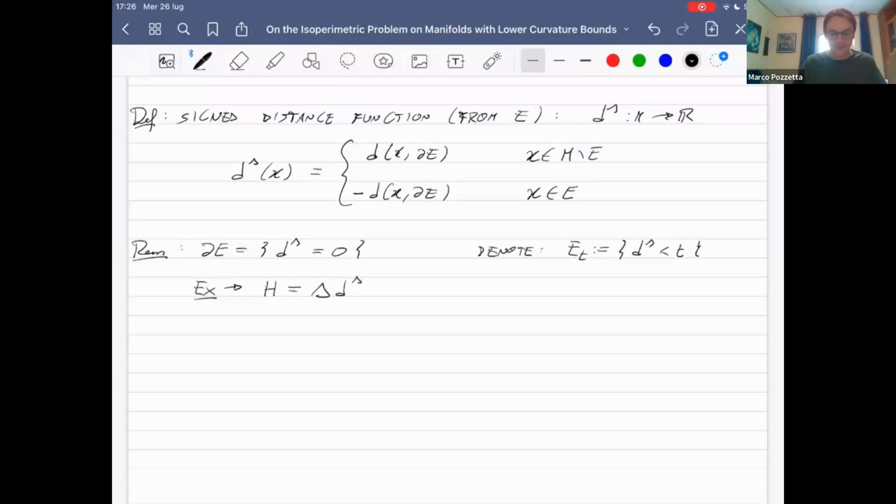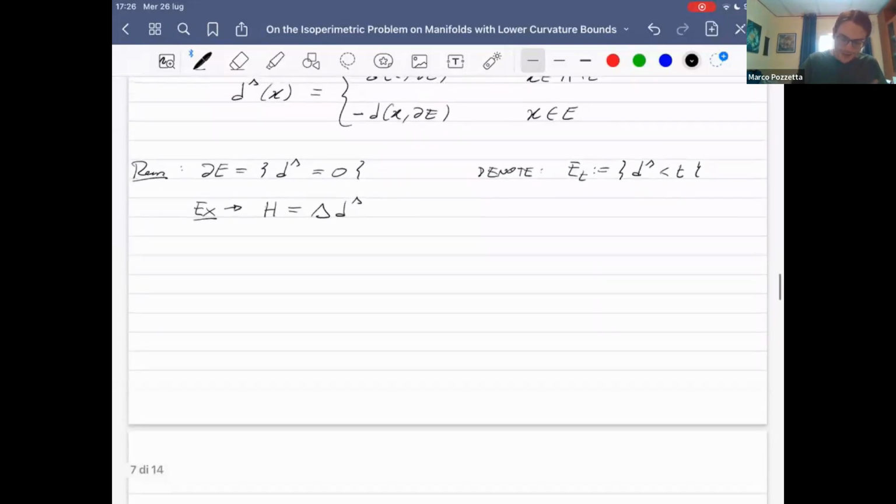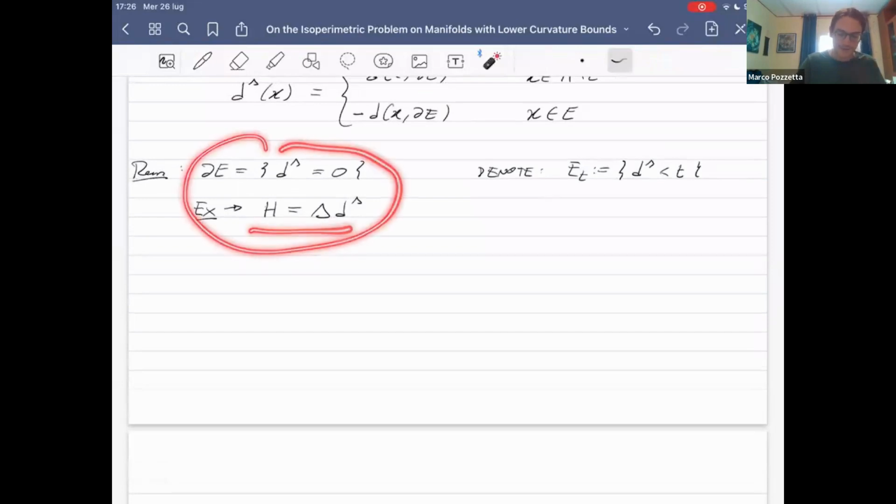When you have the level set of a function, then the Laplacian of that function gives you the mean curvature. Also, the boundary of E is smooth, so the signed distance function is smooth around the boundary, and I can compute this Laplacian.